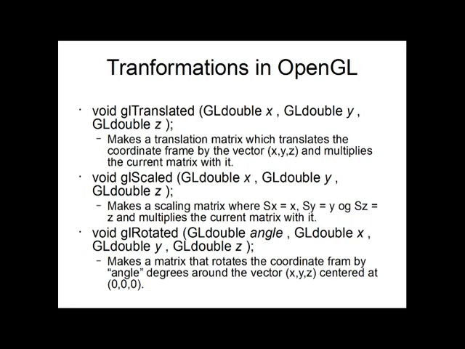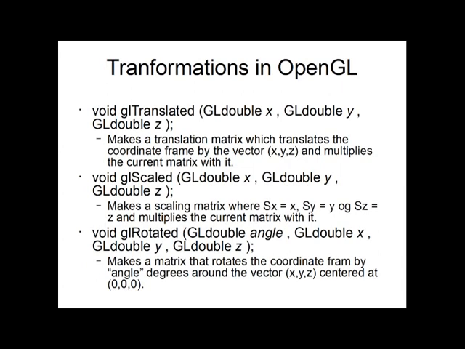So here are three functions to do these basic transformations: translate, scale, and rotate. The rotate one actually takes in an angle in degrees, and then x, y, and z are any arbitrary vector that you want to rotate about.